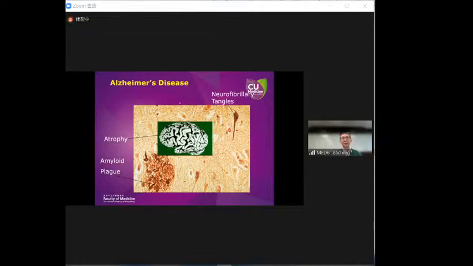Okay, let's come back to the pathology. So what does this look like? As a hint, it is part of a neuron. Which part of the neuron does it look like? The tangles.